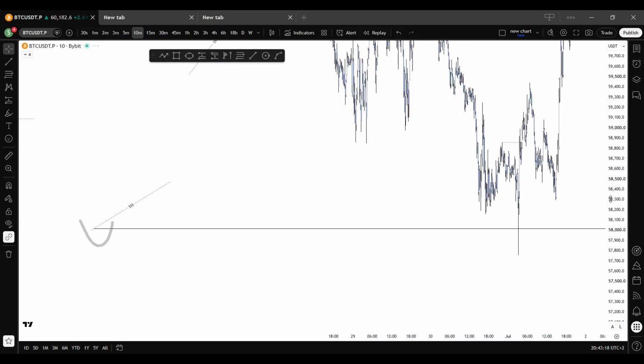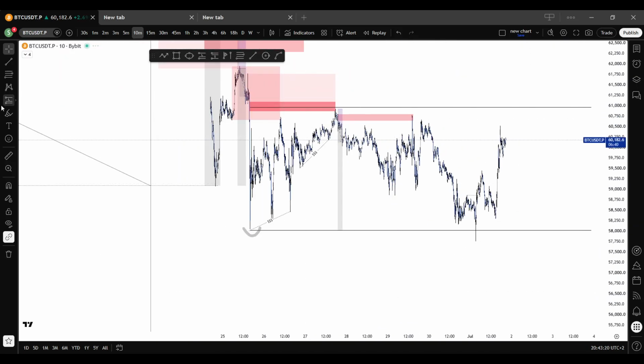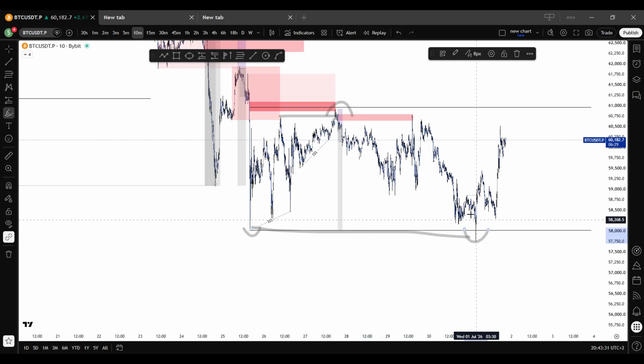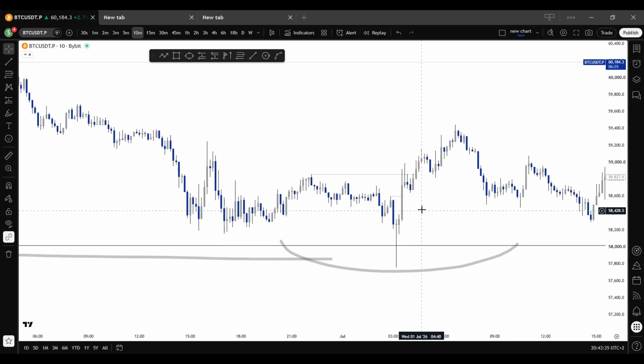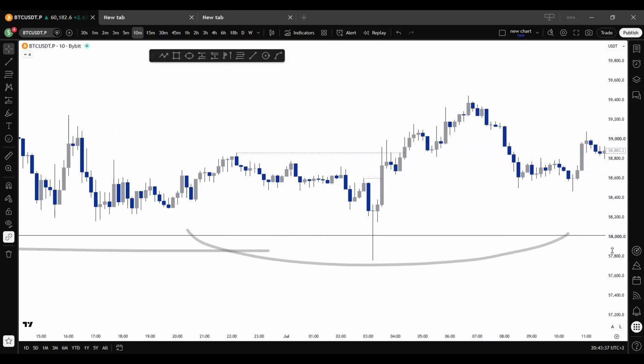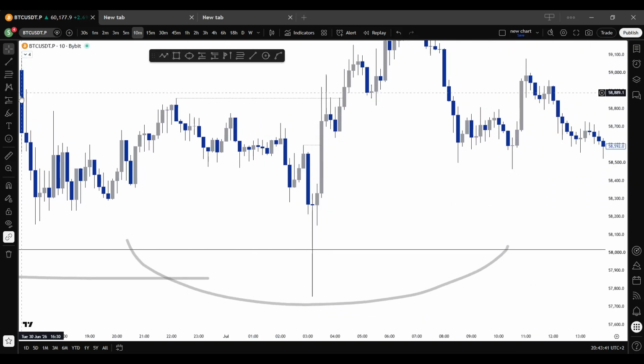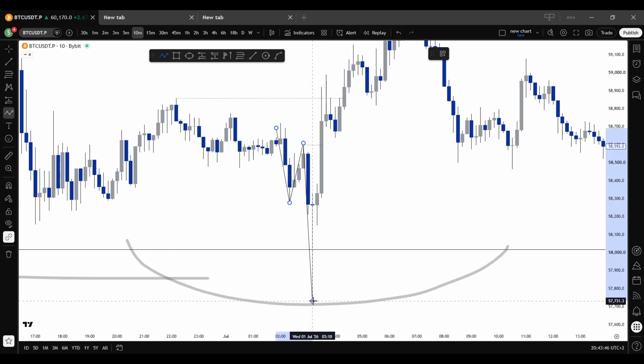It's the same theory again, a range deviation. Here we deviate the range and we're looking for a low time frame structure break. And here it's the same: deviation, look for a low time frame structure break. If we drop to the 10, yes, you guys can see that we got two candles down, two or three candles up, two candles down, and this is basically our structure break.